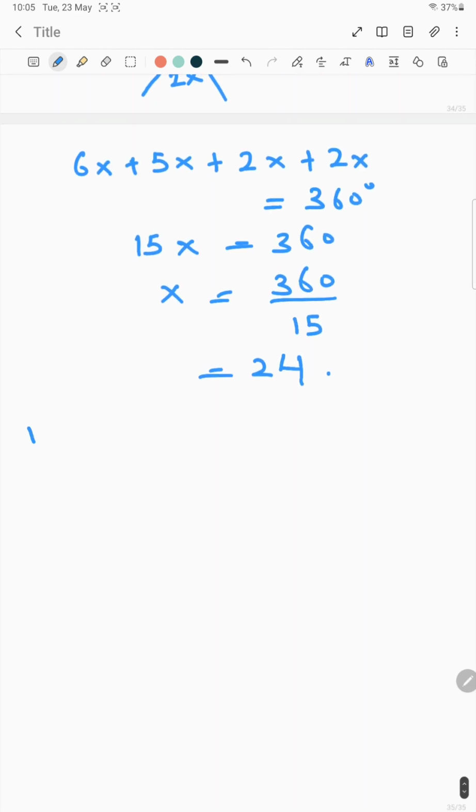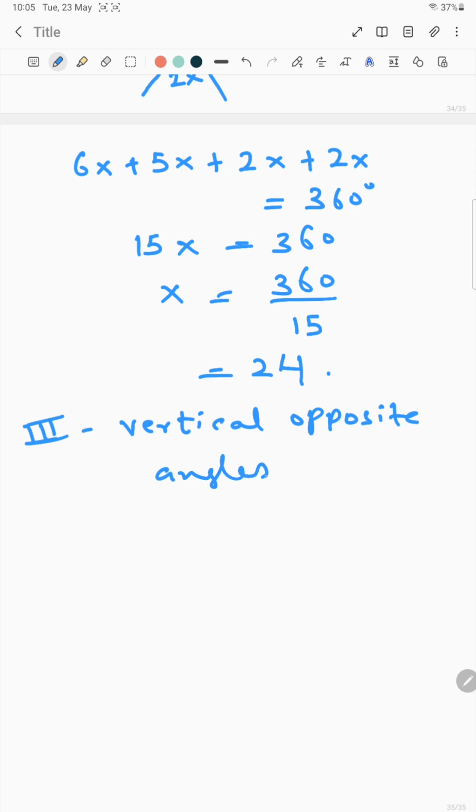Now we have to discuss the third property, which is vertical opposite angles. So whenever you have two crossing lines like this, and the angle over here and over here will be equal to each other, these are called vertical opposite angles.